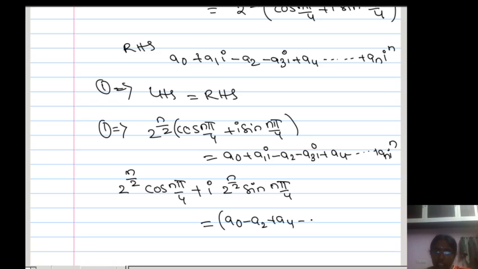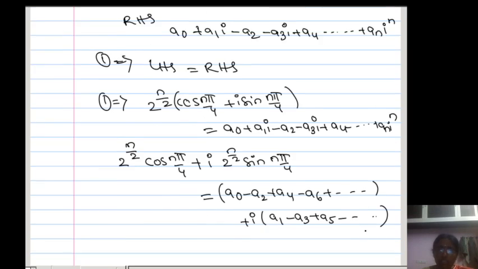Plus i common: if I take i common, we get a1 minus a3 plus a5, again alternating signs, and so on.